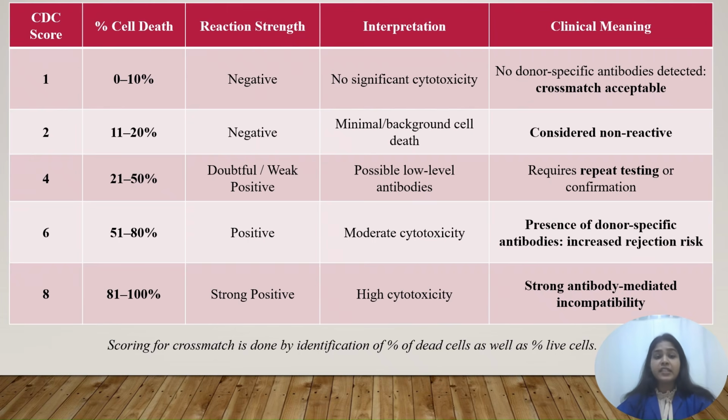That indicates the reaction strength is positive, and there is moderate cytotoxicity. There is the presence of DSAs, and there is increased risk of rejection. For CDC score number 8, there is 81 to 100% cell death, that is strongly and highly positive. There is high cytotoxicity and strong antibody-mediated incompatibility. We cannot proceed with the transplant here.